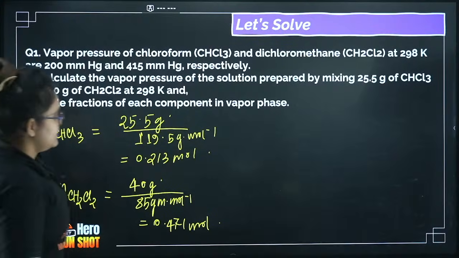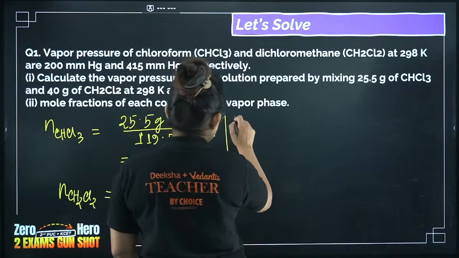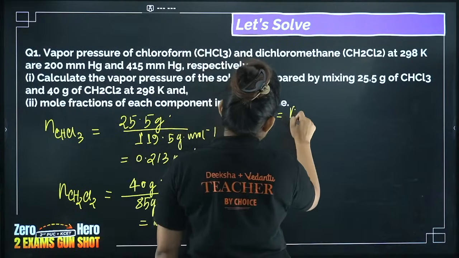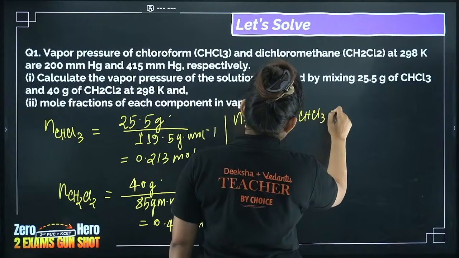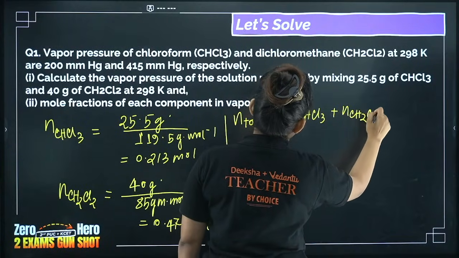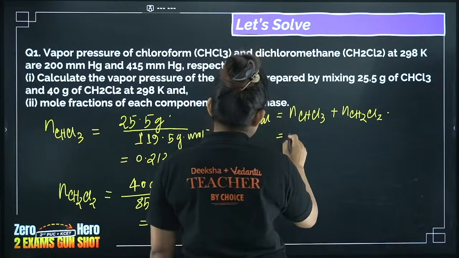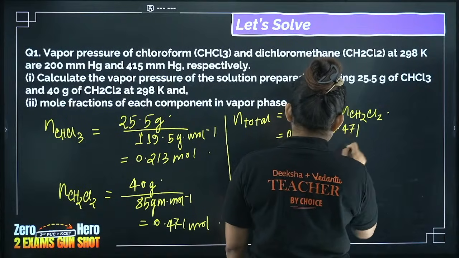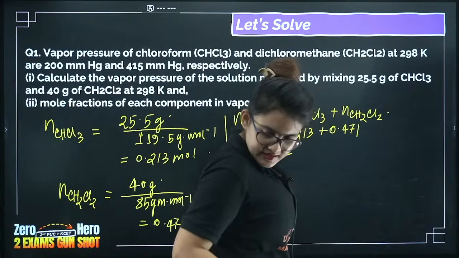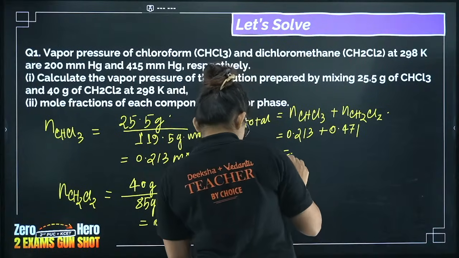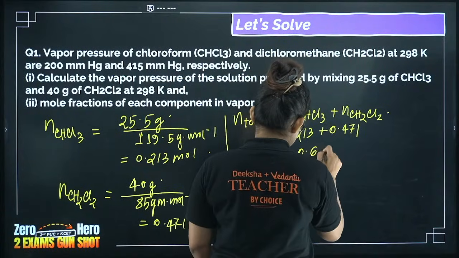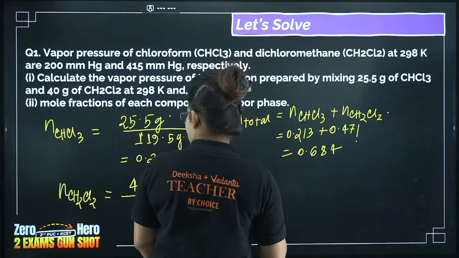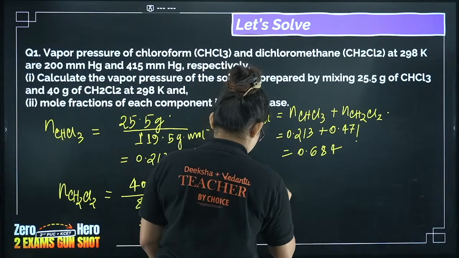Right? Now let me do the N total. N total is basically N of CHCl3 plus N of CH2Cl2. If you just add them, 0.213 plus 0.471, you will get something like 0.684. Now we can find out the mole fraction of chloroform.